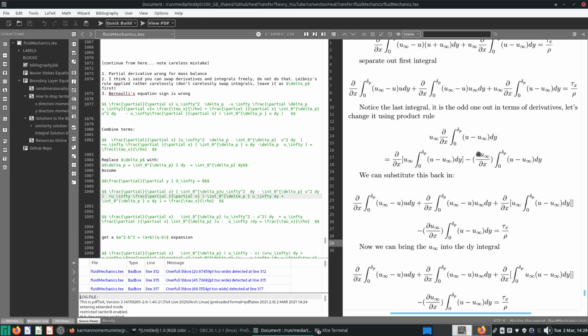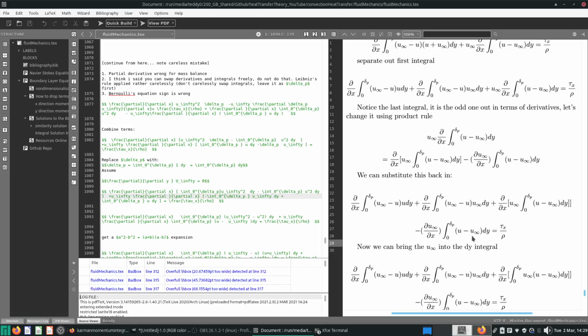Then minus del u infinity del x, integral of 0 to delta p u minus u infinity dy. So this is this term over here, minus del u infinity del x, then you have this whole integral with respect to y. The rest of the terms, again, they do not change at all.